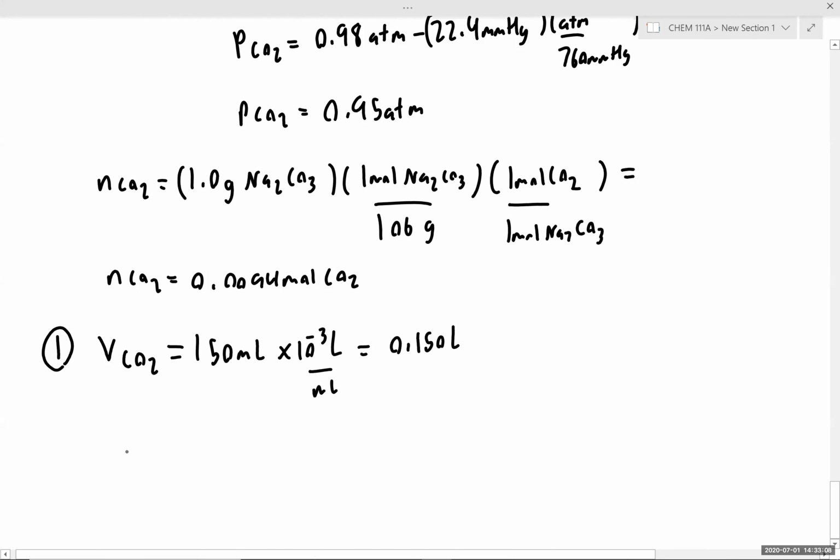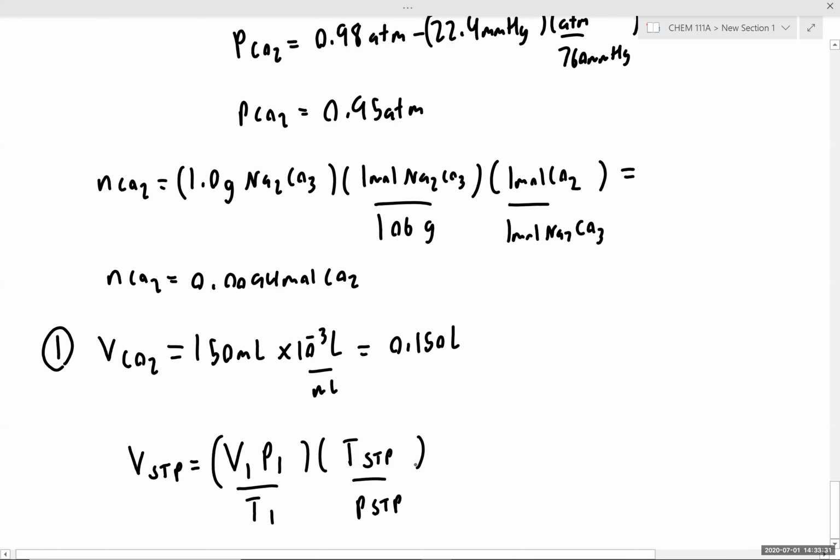Okay. We know that the volume at STP is equal to the volume measured experimentally times the pressure measured experimentally over the temperature measured experimentally times the temperature at STP over the pressure at STP.